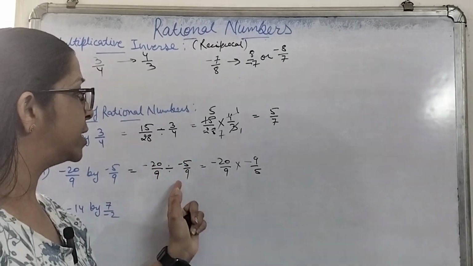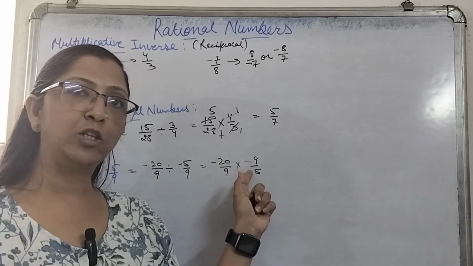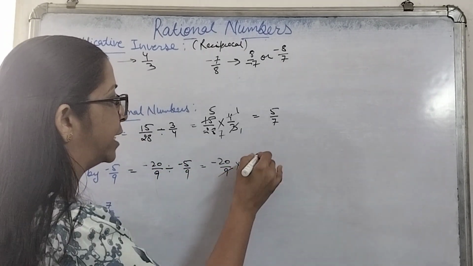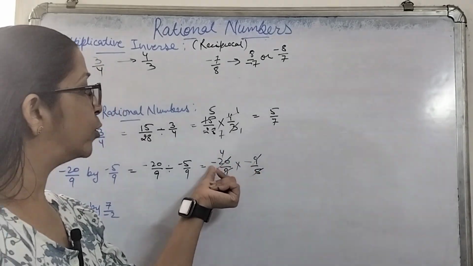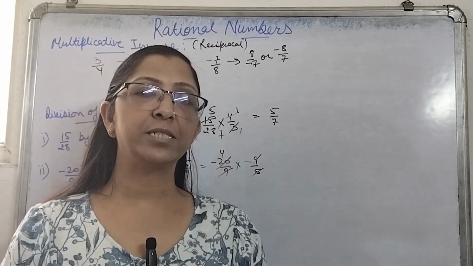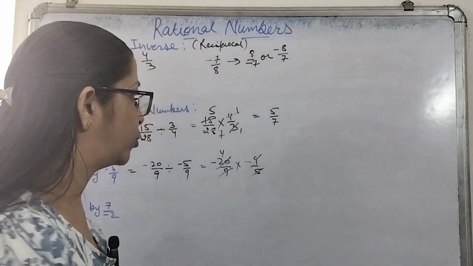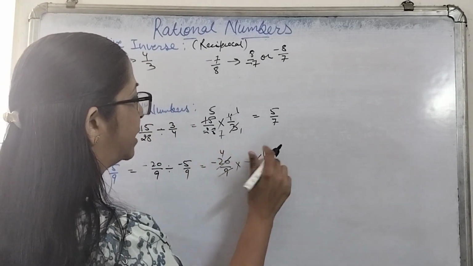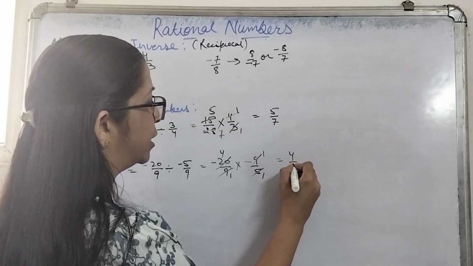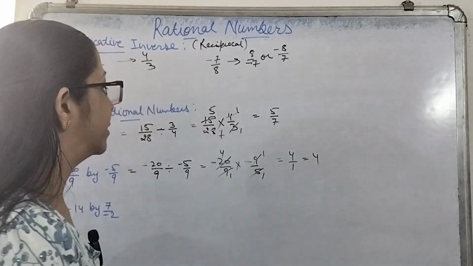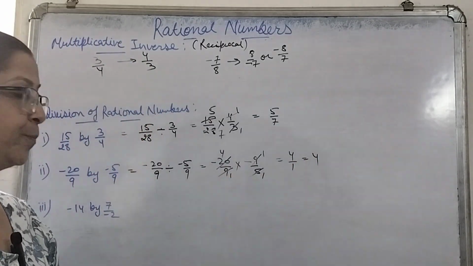This will reciprocate, and the negative sign we can take in the numerator also. So 9 and 9 both are going to cancel. 5 fours are 20. When we multiply two negative numbers, the final product will be positive only. So 4 multiplied by 1 will be 4. In the denominator, both sides it is 1 only. So it is 4 upon 1, or we can say the quotient will be 4.